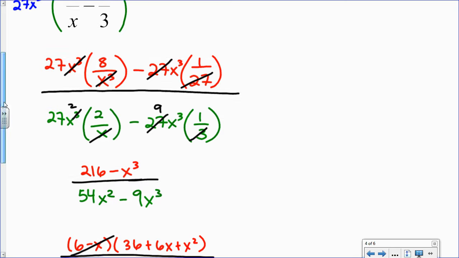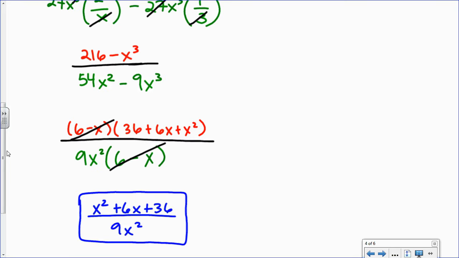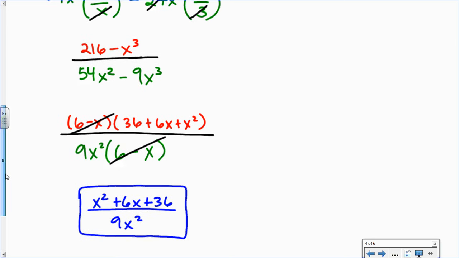So even with writing that out, this is shorter. But if you aren't understanding it, do method 1. Method 1, I think, makes a lot of sense. You simplify the numerator, simplify the denominator, and then divide. This one, you just clear out all your little denominators. Okay?